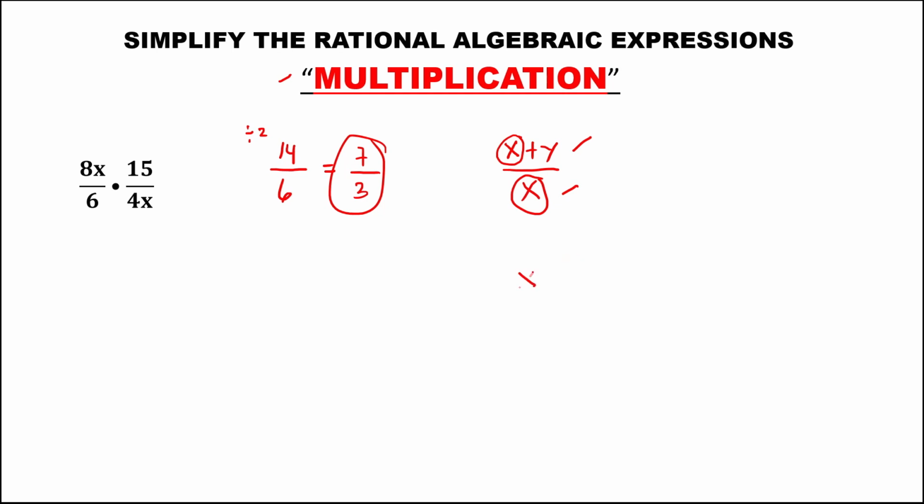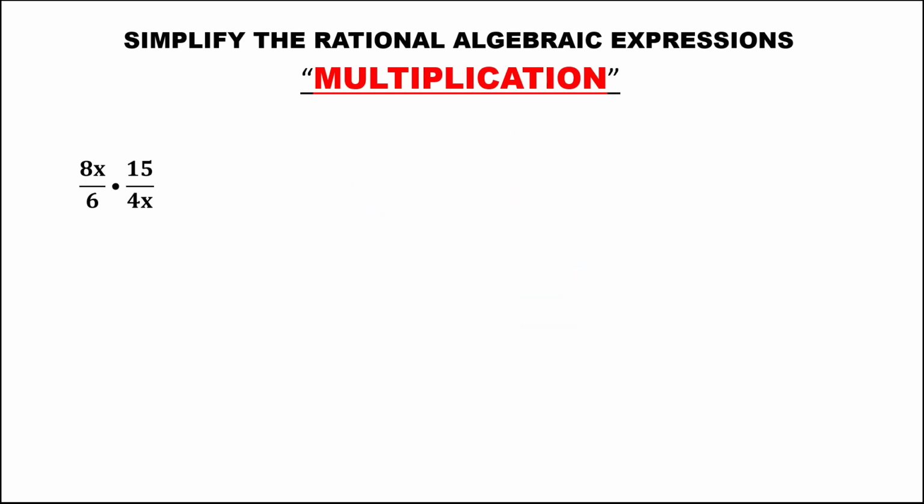But if we have x times y over x, this is one term, not separated by plus or minus, and this is also one term. So we can eliminate this x, and this becomes y.